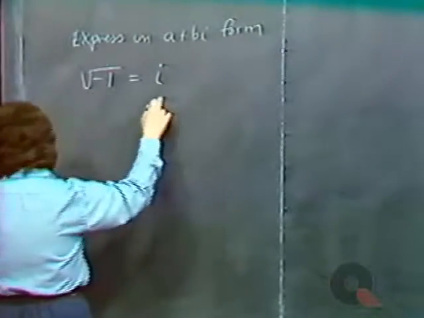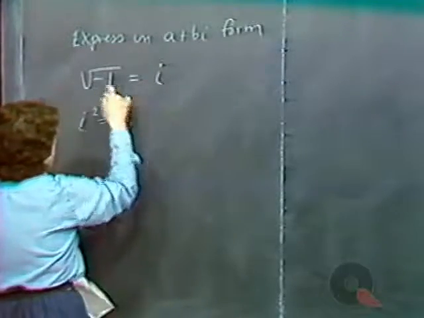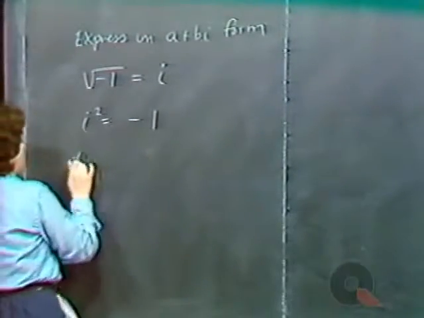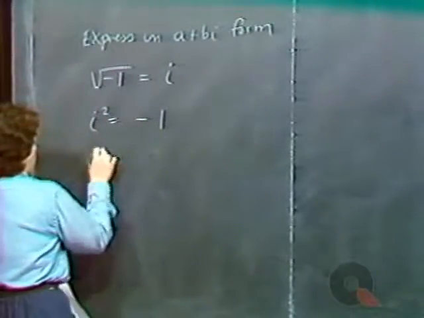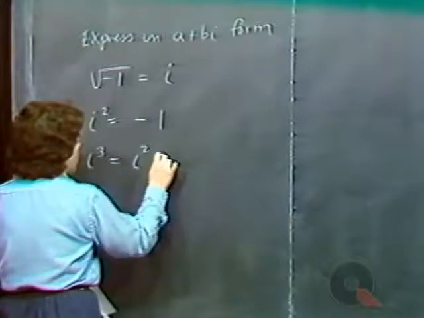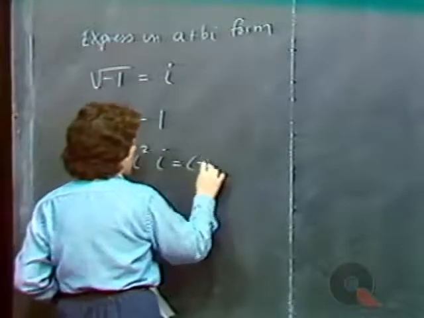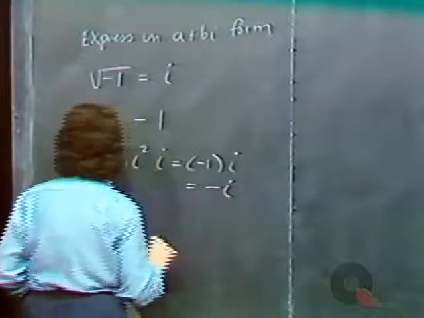Now, i squared represents minus 1. i cubed is i squared times i. But i squared is minus 1, times i, so that's minus i.